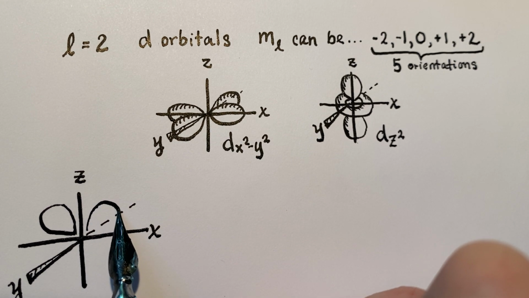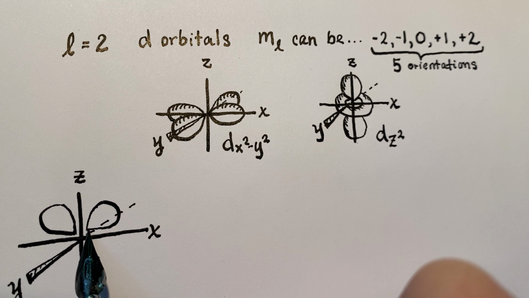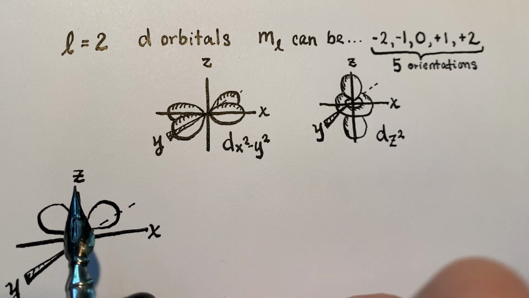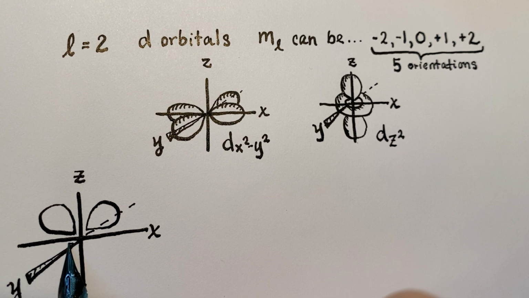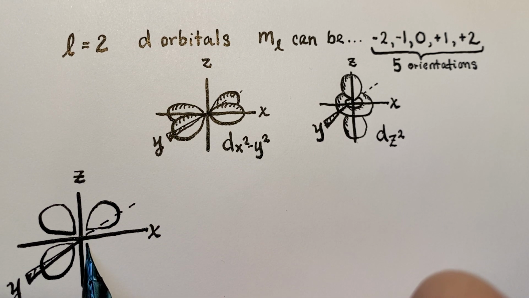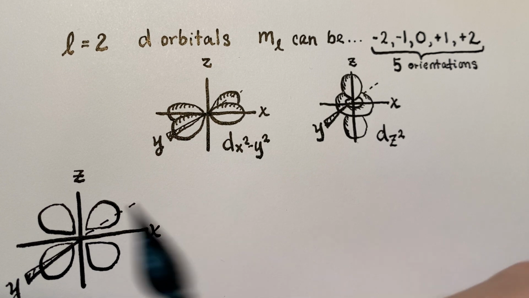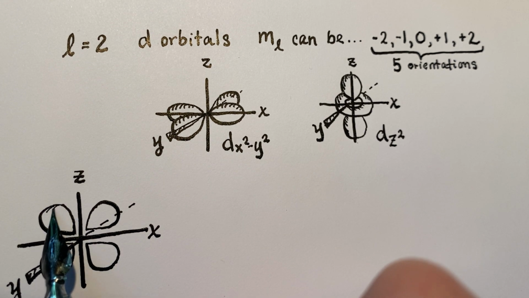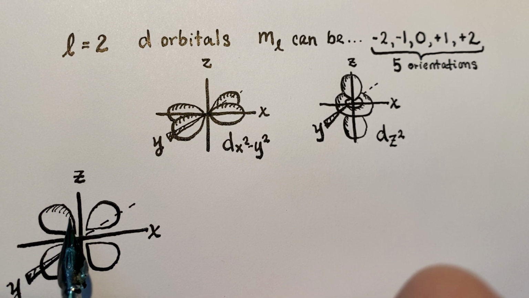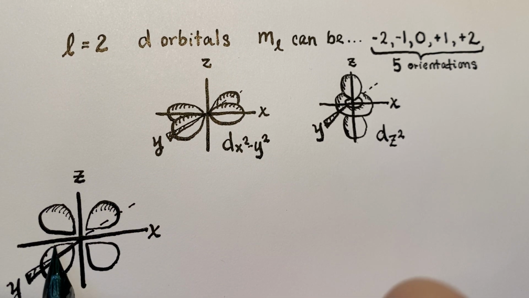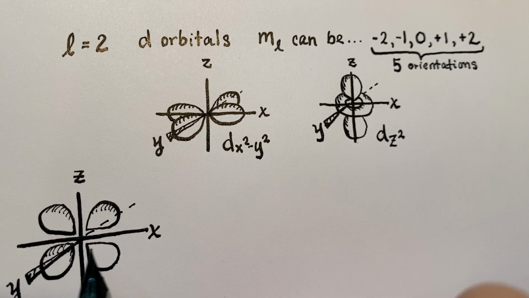So here I'm going to draw, these lobes are all in the xz plane. So this is flat, these lobes are flat in the plane of the paper that I'm drawing. Okay, so again, these are these 3-dimensional teardrop shapes.